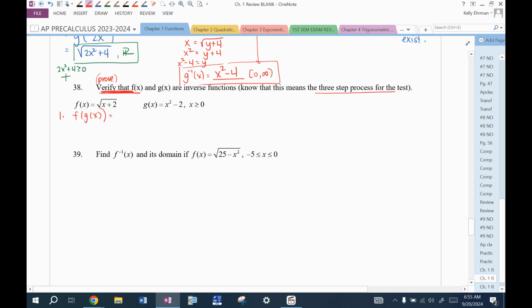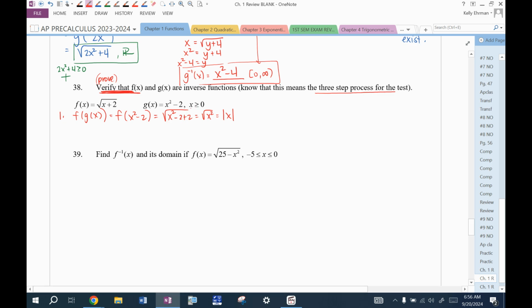So f of g of x is f of x squared minus 2. Oops, I wrote g, sorry. Is f of x squared minus 2. Plugging that in, you get square root of x squared minus 2 plus 2. Square root of x squared is absolute value x. And now don't say, oh, that's not x, these are not inverses.